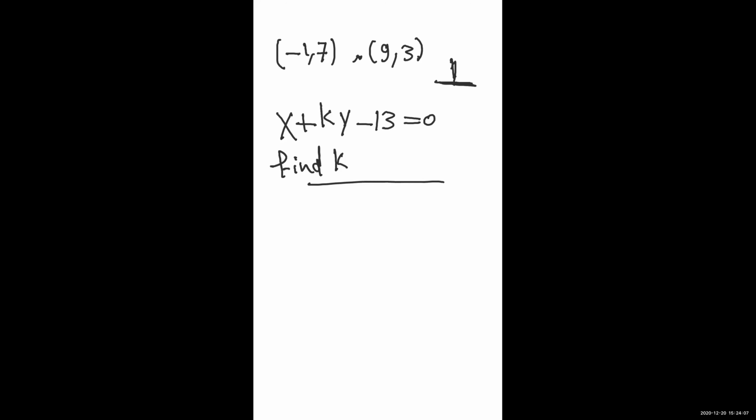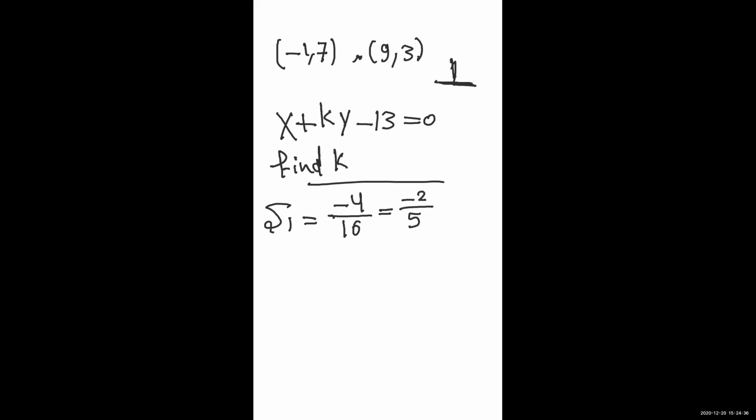The slope of the first one, slope 1, will equal y2 minus y1, which is 3 minus 7, so negative 4, over 9 minus negative 1, which is 9 plus 1, so 10. So it will equal negative 4 over 10, which is negative 2 over 5.